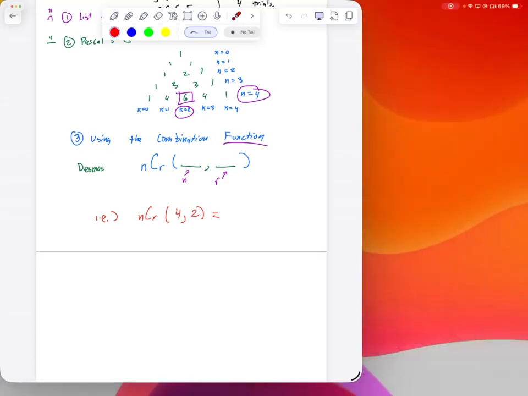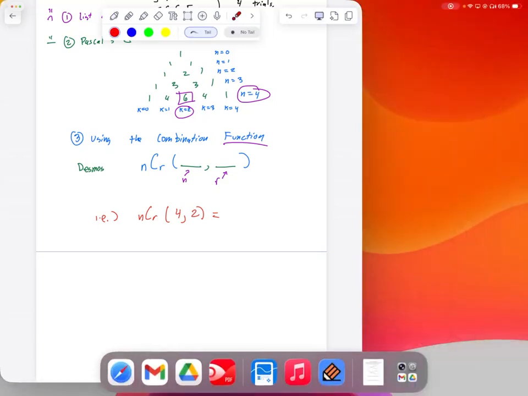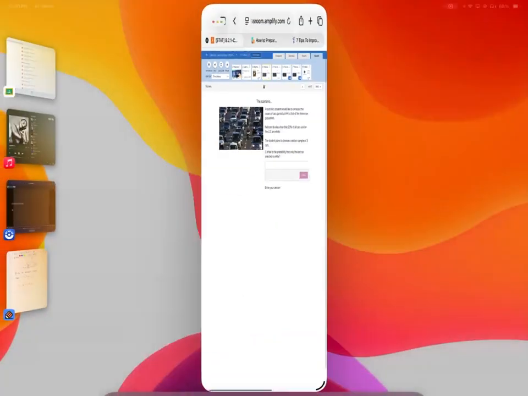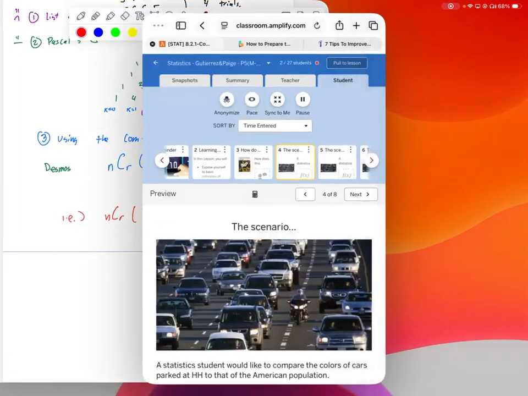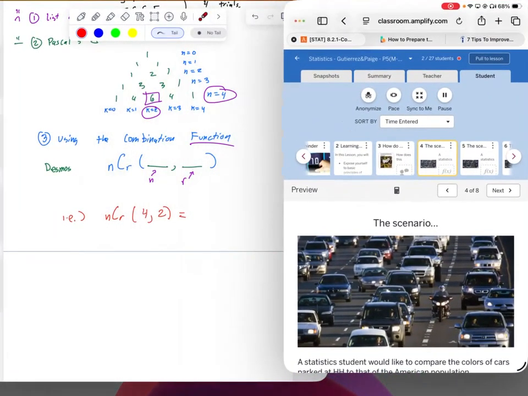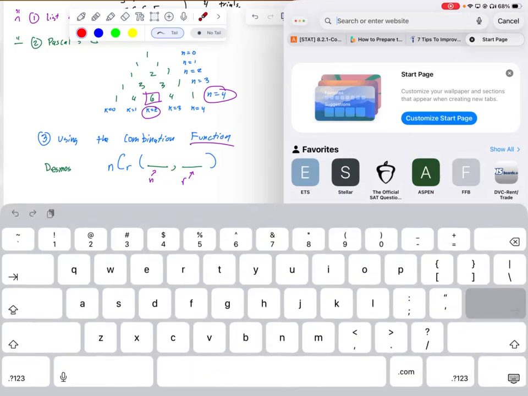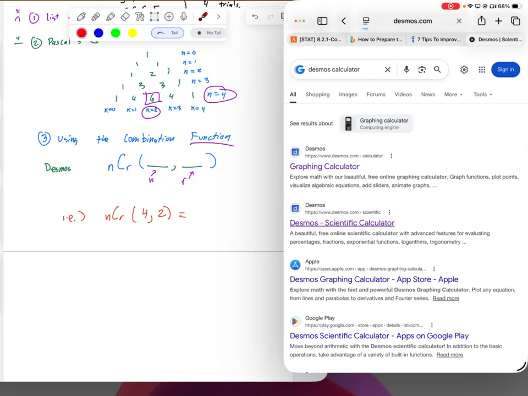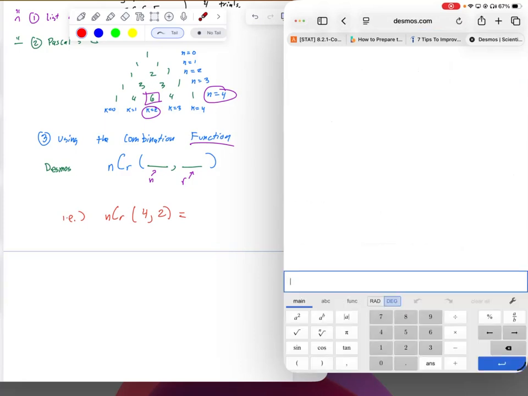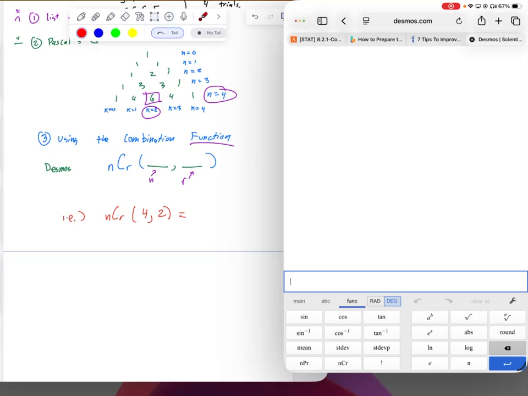I want us to always be doing it. Basically, do Desmos. So if I go to Desmos, calculator, okay. And you see the button that says function right here? Function, and then right there, nCr.